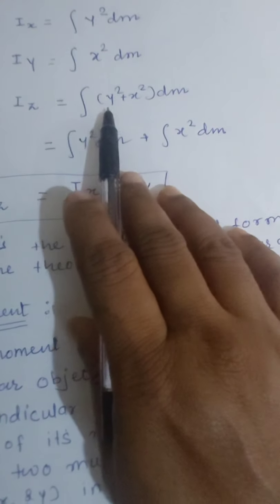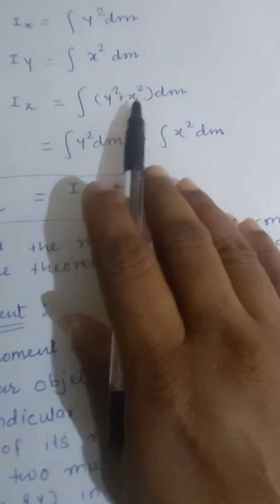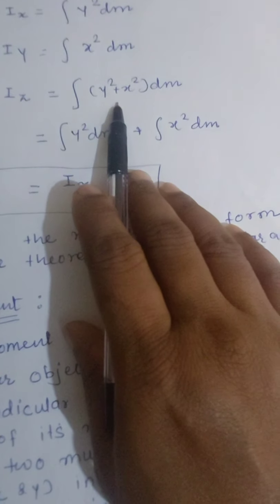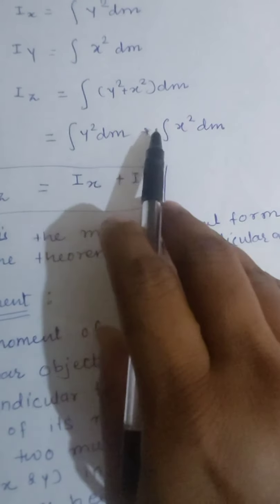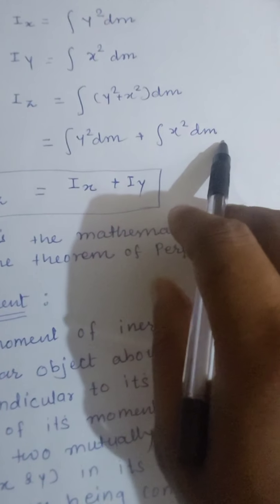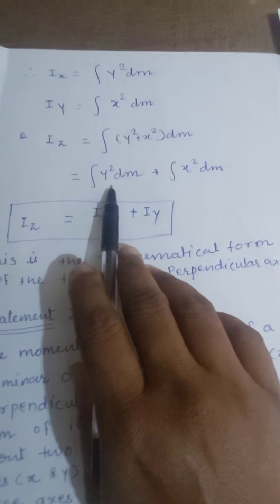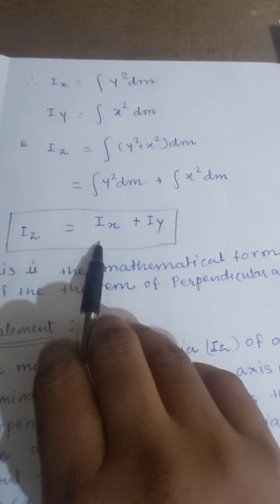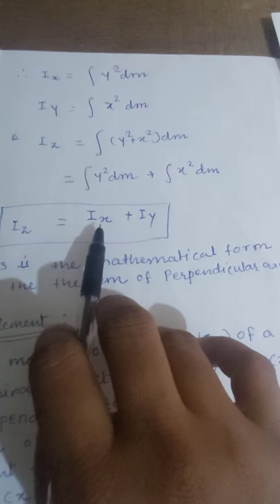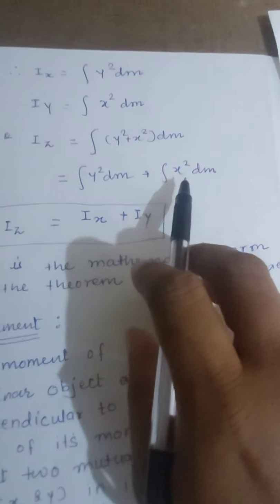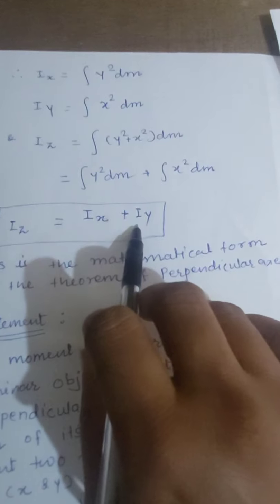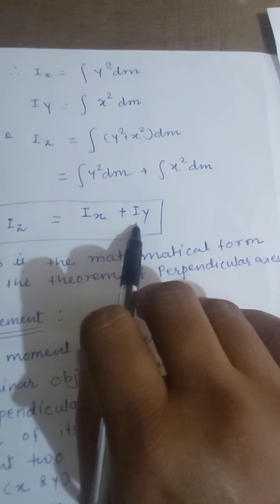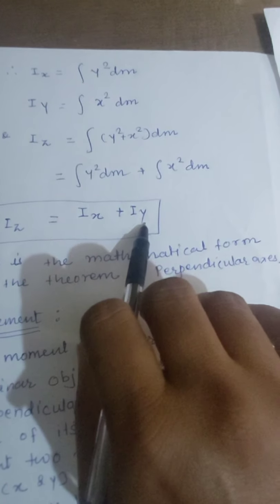Now we can separate this integration as there is addition. So you will get integration y square dm plus integration x square dm. But integration y square dm is equal to Ix, that is moment of inertia about the x axis, and integration x square dm is Iy, that is moment of inertia about the y axis.